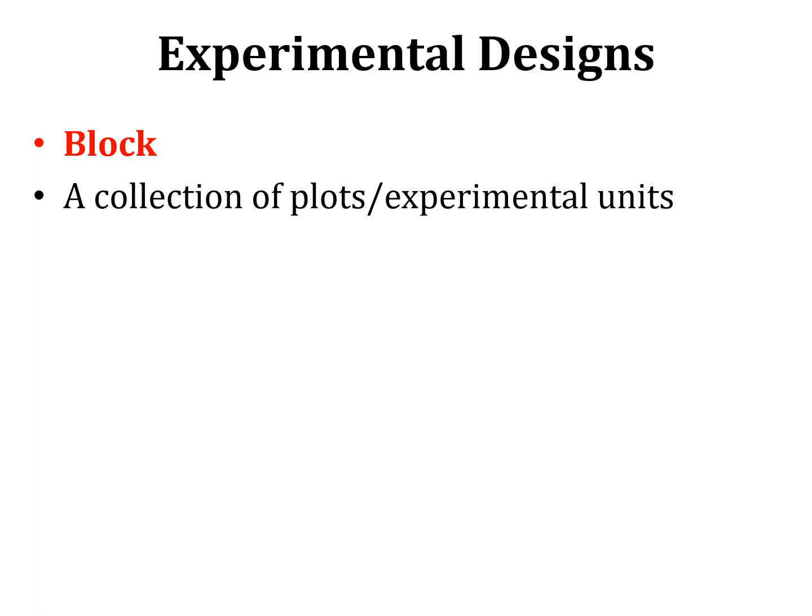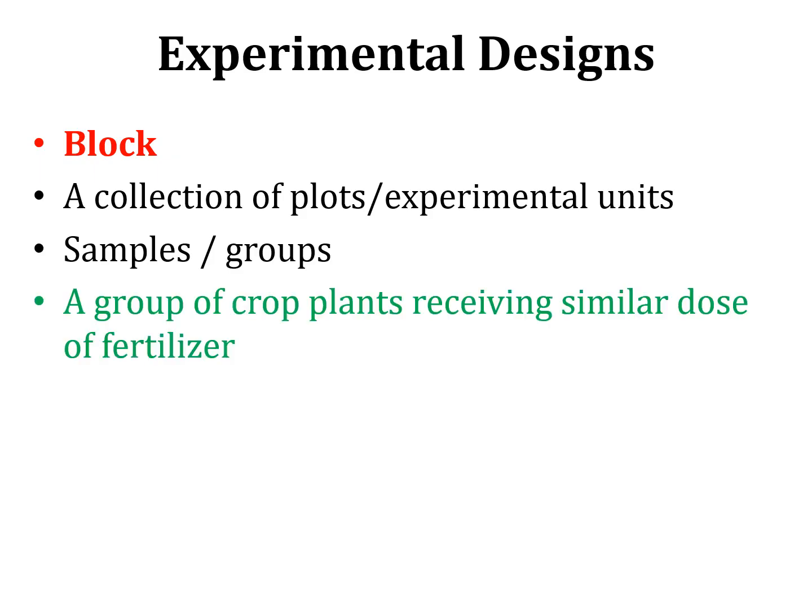Now, what is meant by a block is a collection of plots or experimental units. So a group or a collection of plots or experimental units is known as a block, and this is also known as samples or groups. In the example that we are following, a group of crop plants receiving a similar dose of fertilizer is known as a block.